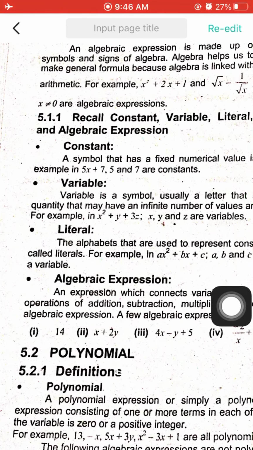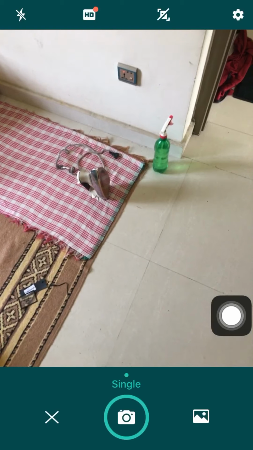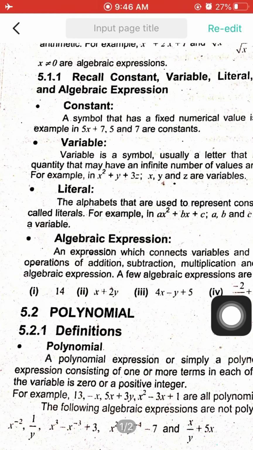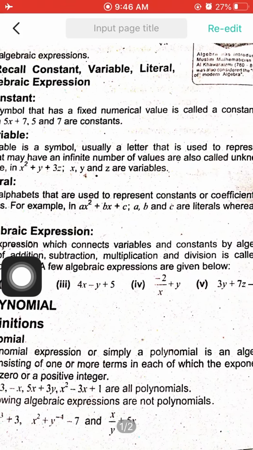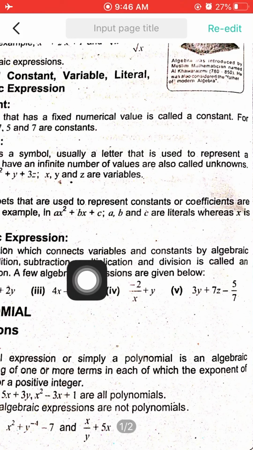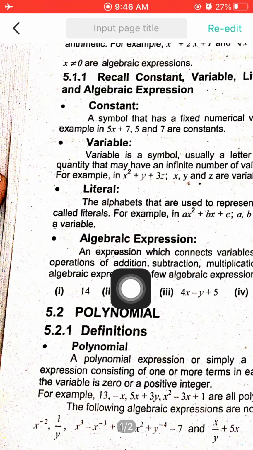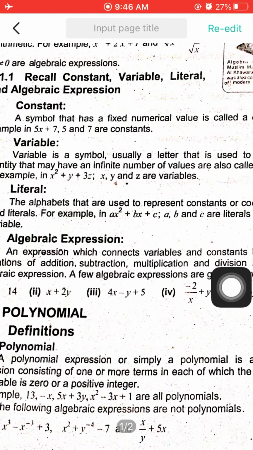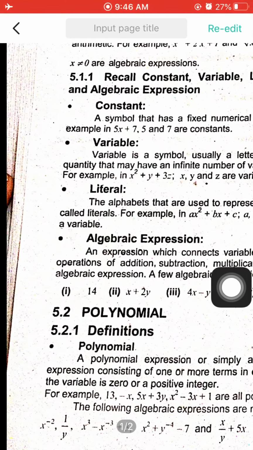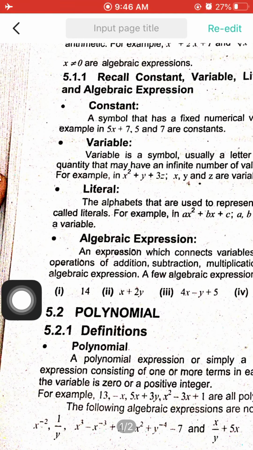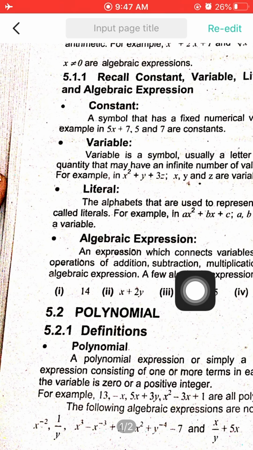An algebraic expression which connects variables and constants by the operations of addition, subtraction, multiplication and division is called an algebraic expression. It means when we connect constants and variables with the help of the symbols of addition, multiplication, subtraction and division, it makes an expression.